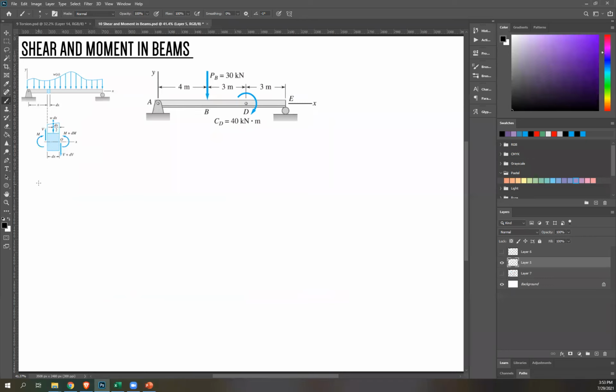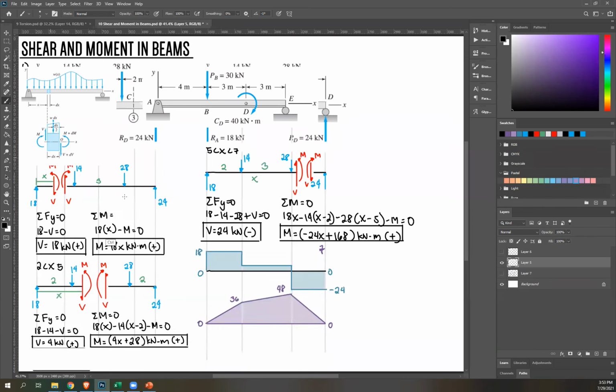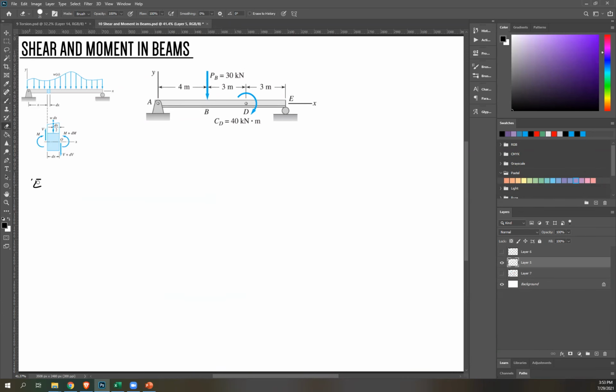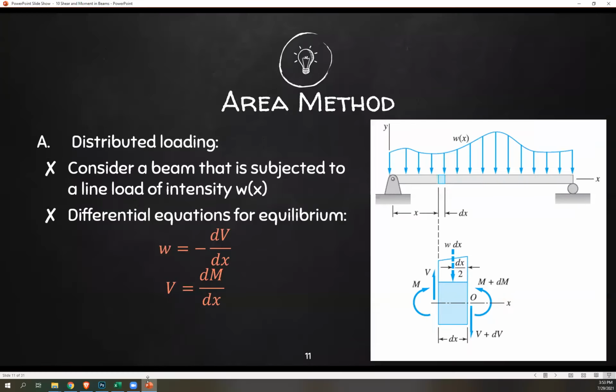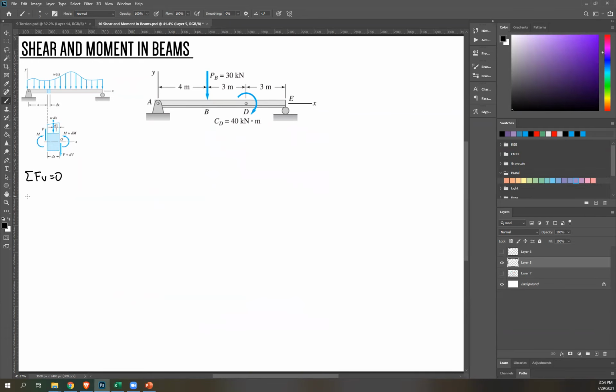It's not shown, but to solve for this, you're going to do summation of forces vertical equals 0. Okay, so let's just look here. Positive V minus w dx minus V plus dV. That's our summation of forces y equals 0. So let me write that again. V minus w dx minus (V plus dV) equals 0.